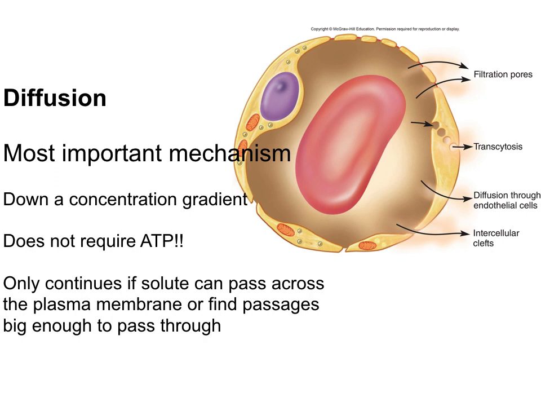Now, diffusion is only possible if your solute can pass across the plasma membrane, or it can find passages big enough to pass through, meaning it can find a fenestration, an intercellular cleft, an ion channel, or use a carrier protein. So as long as you can find a way across, your solute can move by diffusion.